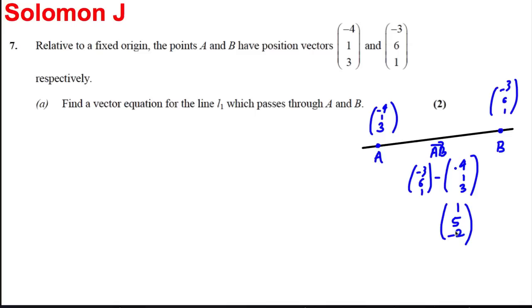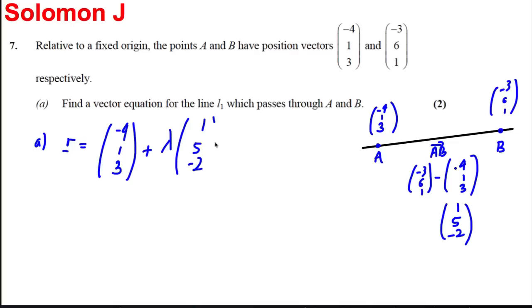And we have 2 points on the line, so we just use the first point there. The vector equation of the line for 2 easy marks is r is equal to (-4, 1, 3) plus lambda lots of (1, 5, -2). Of course, you can combine these, so it's (-4 + lambda, 1 + 5 lambda, 3 - 2 lambda), whichever way you want that to work.